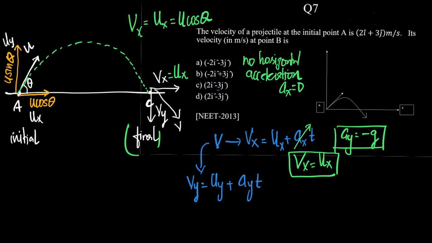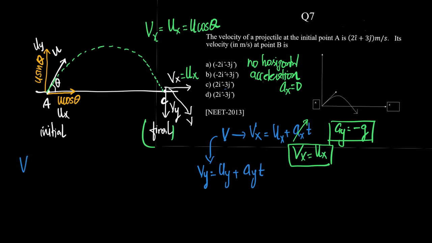Now let us find out the case with vy. See, when we go for vy, we can write that vy is equal to uy plus, instead of ay, we can write it as minus g into t, right? Now, what is uy? uy, we know it as u sin theta.